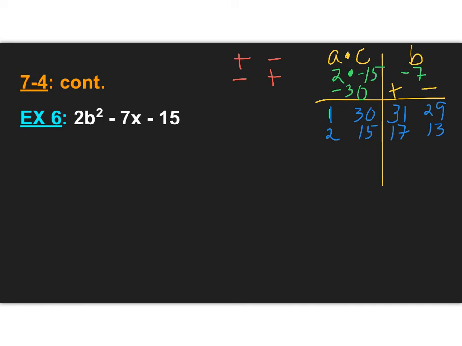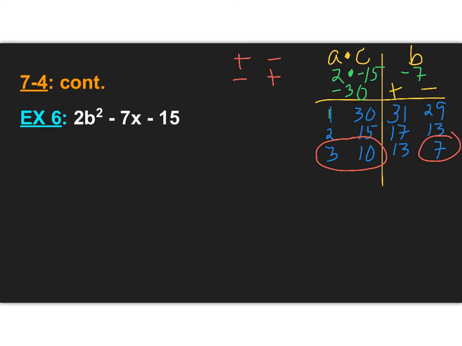Not our middle term. After 2 comes 3. 3 divides into 30 10 times. If we add, we get 13, and if we subtract, we get 7. And there it is. So 7 is my middle term, and then we're looking at 3 and 10 to get us to 7.